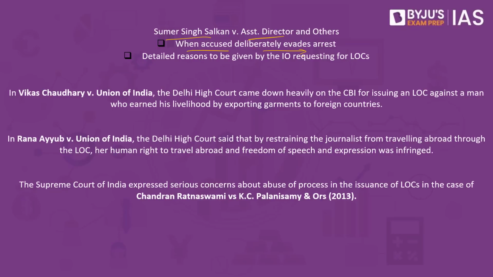It can be the NDPS Act, it can also be the POCSO Act. So in any act where this person has committed a cognizable offense but is evading the process, not allowing the police officers to investigate, deliberately evading arrest, and not appearing before the trial court. This also happens to be a non-bailable offense as well.